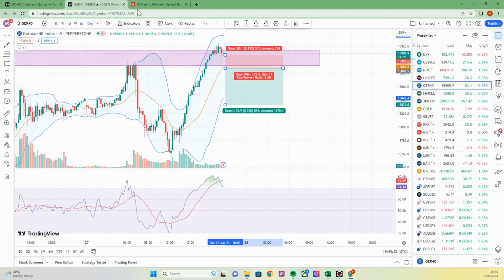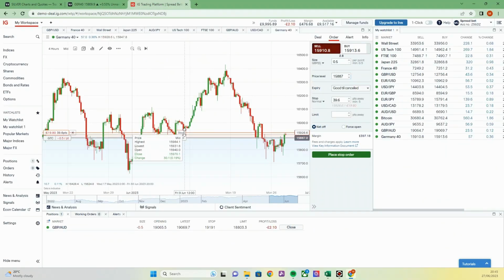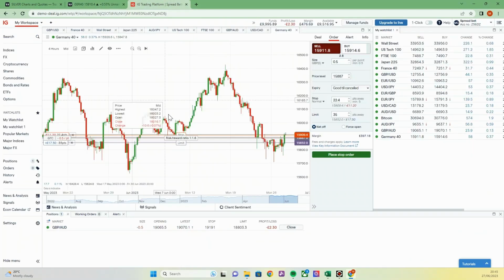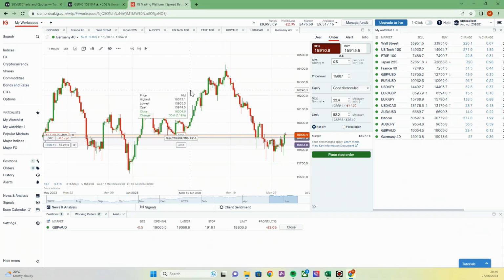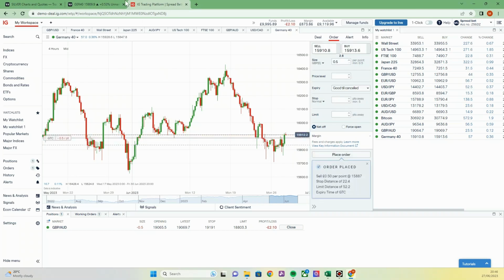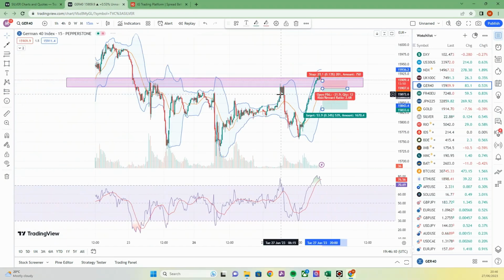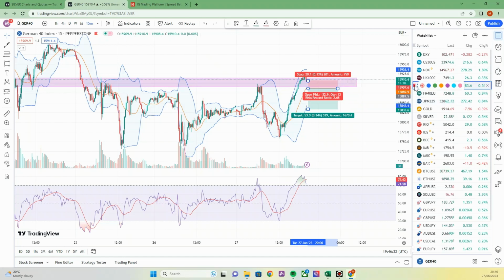The stop loss is going to be 15907. 15909, and the limit is going to be 15833. Yep, I'm doing it. So I got that one there.